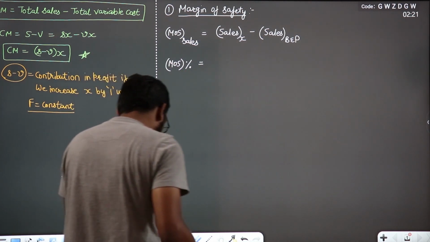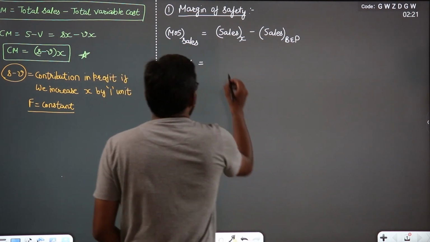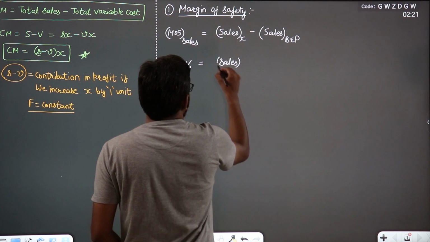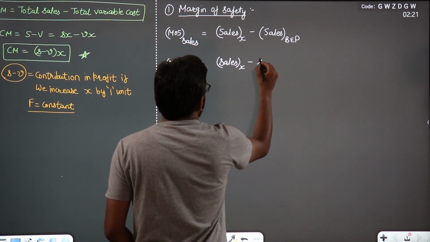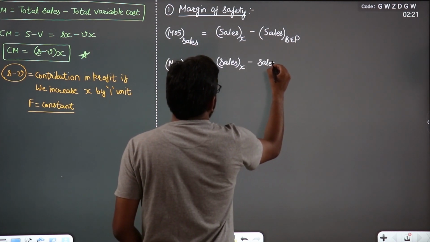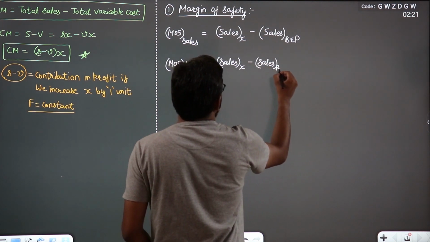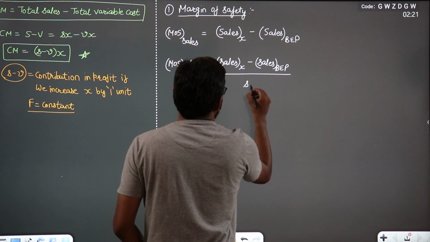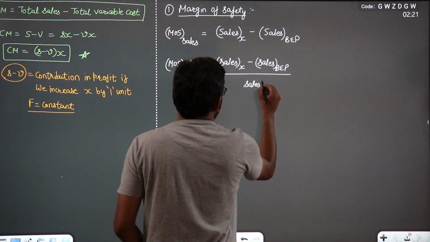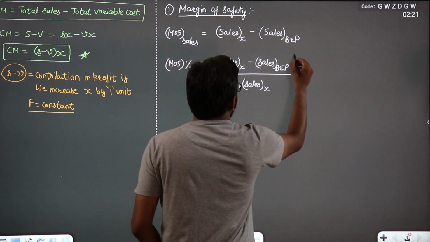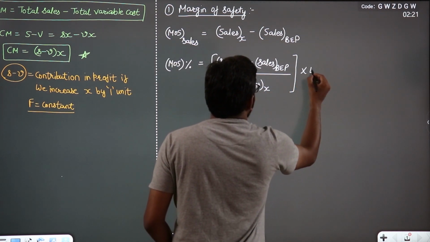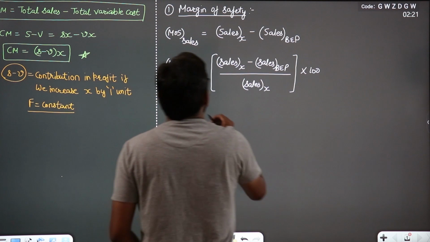This will be equal to sales at any X minus sales at break-even point, divided by sales at X, into 100. This will be the margin of safety percentage.